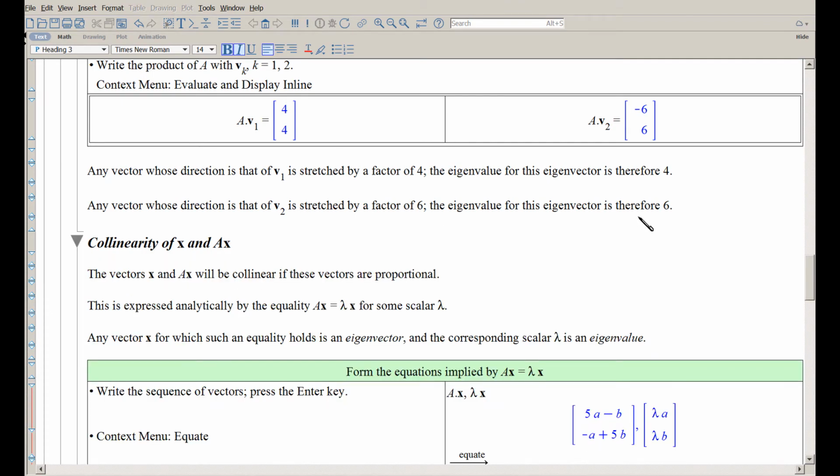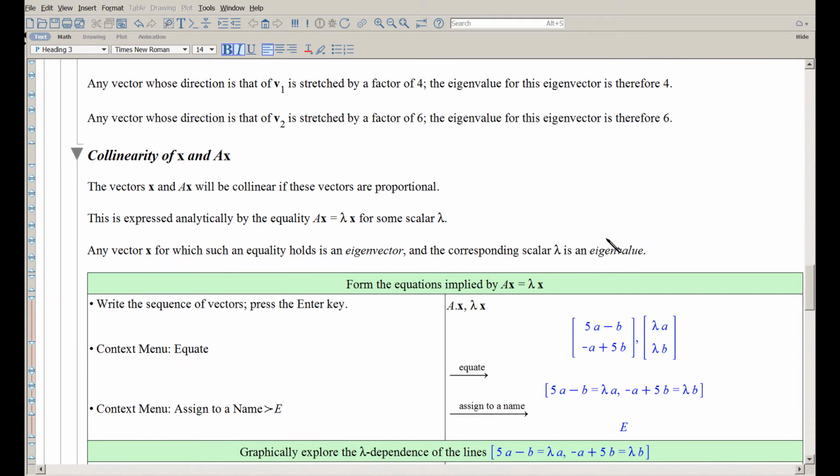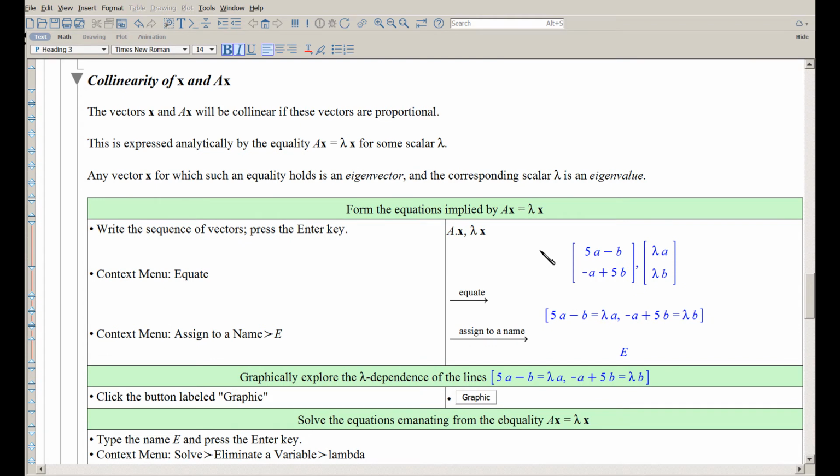Now, another way to think of this is collinearity. We want Ax to be collinear with x. It's not equal, it's collinear, so it's a multiple of x. So here is the pair, the sequence Ax and lambda x.